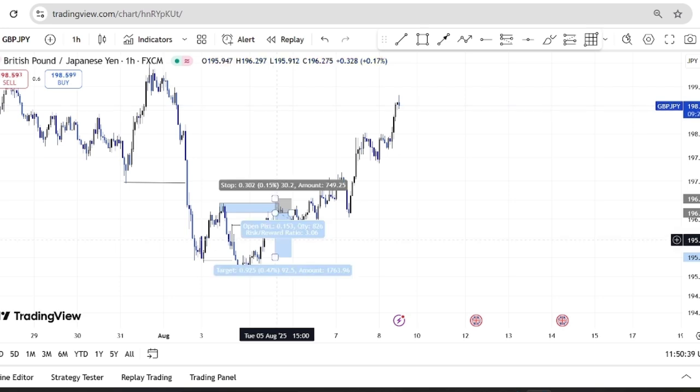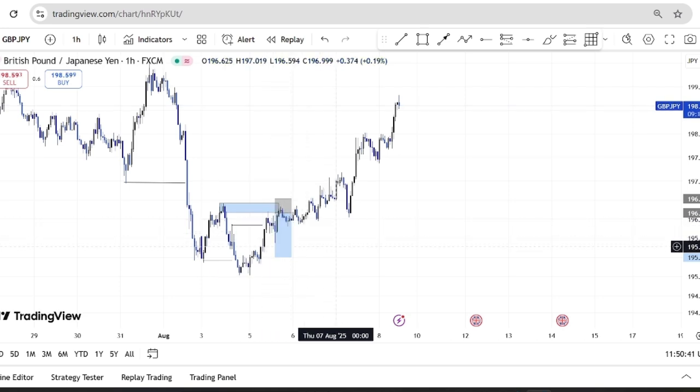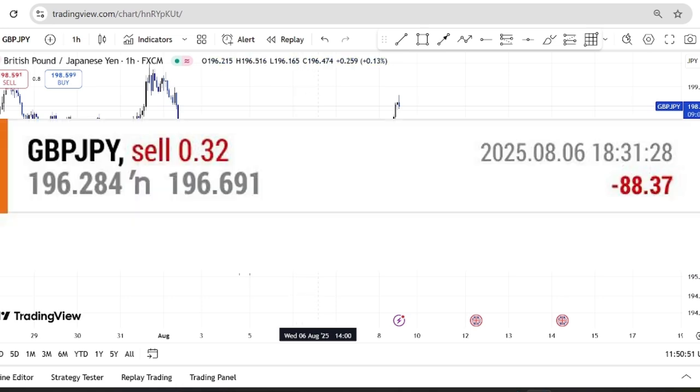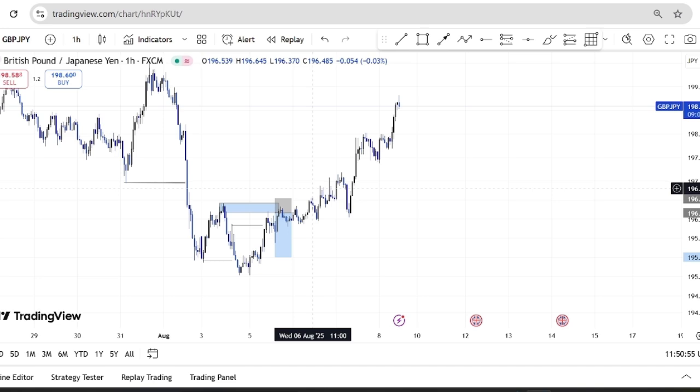This was almost 1:2, but I wasn't available to move my stop loss to break even. Next thing, price retraced to the upside and took out my stop loss. So that was how I actually lost on this particular setup.